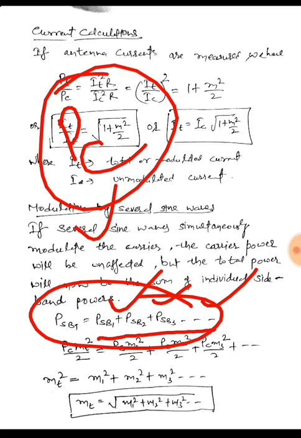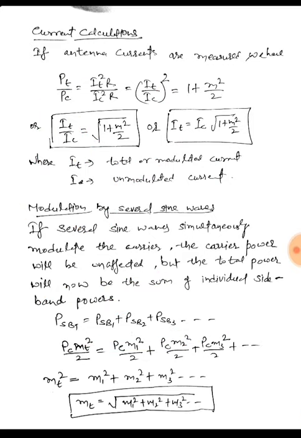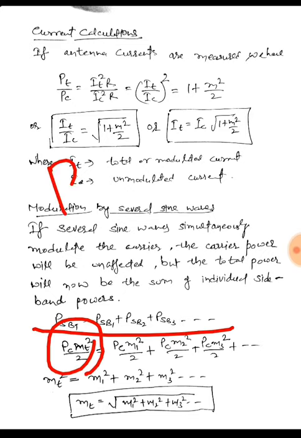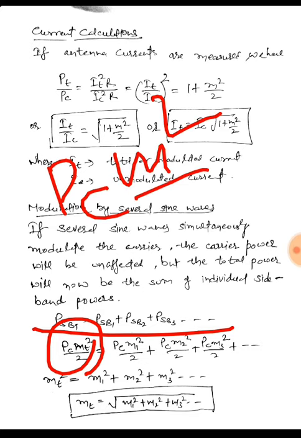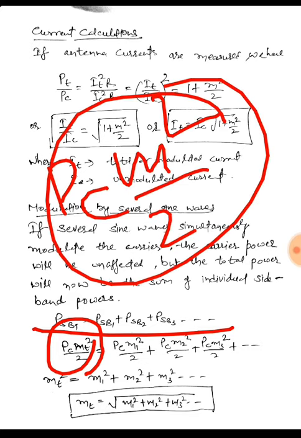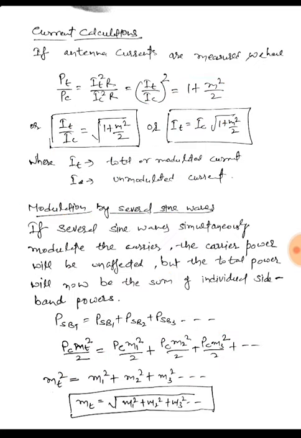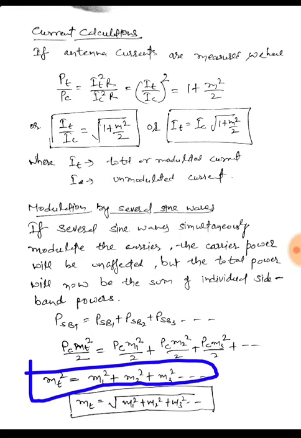So if we have this relation, we can put in the values. Sideband power was Pc into m square by 2. So putting these values, we would get mt square equal to m1 square plus m2 square plus m3 square.